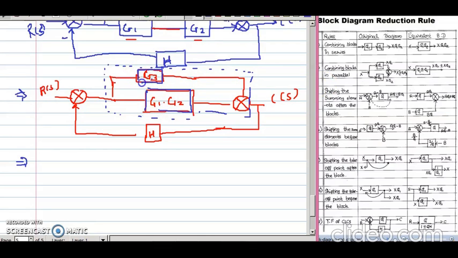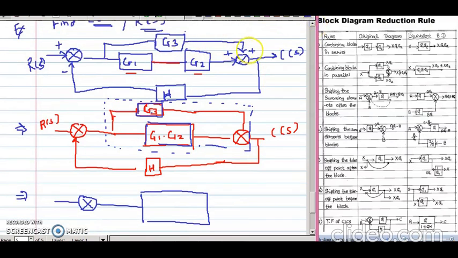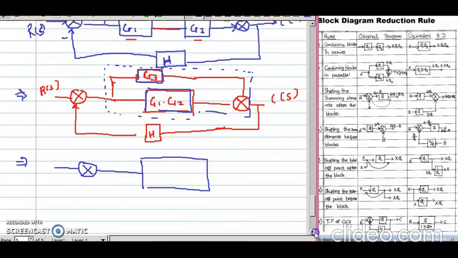Both blocks are in parallel, that means we can replace them with one block, the addition of both blocks. So this mixer is as it is here, right? G3 is added here, and this is also added. So the replacement should be in addition form, so G1 G2 plus G3, right?